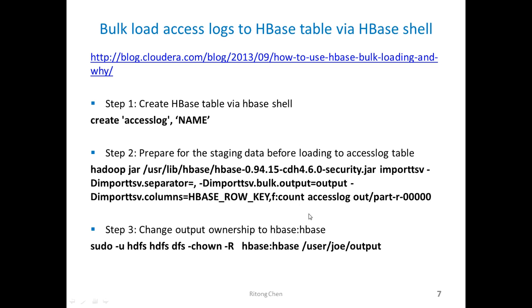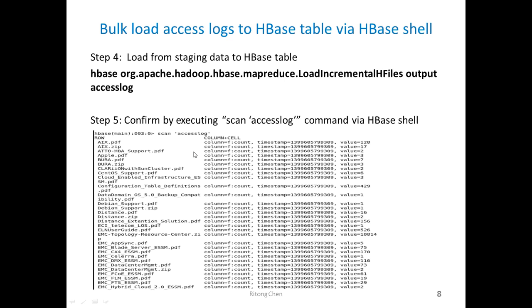And then after you generate that, you have the staging file, basically a binary file. It's not viewable, but you are generating that output directory. And then we recommend you change the owner from Joe to the HBase user, because the next step will be running against HBase.